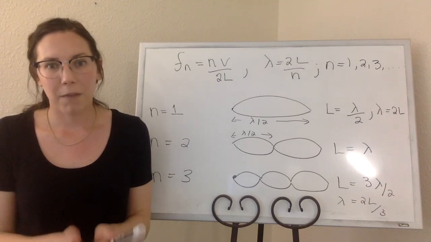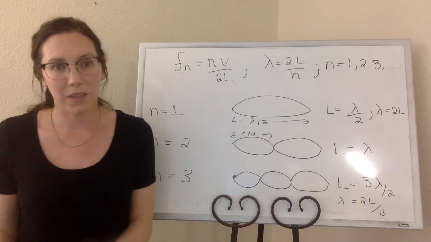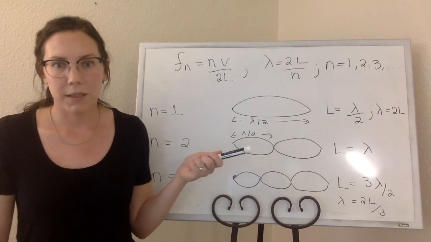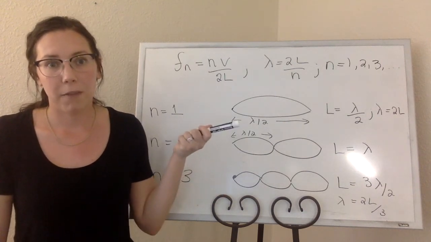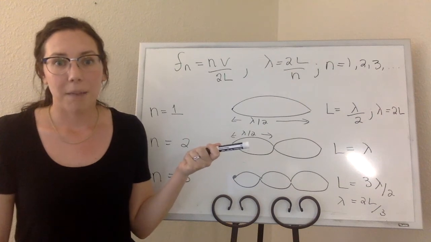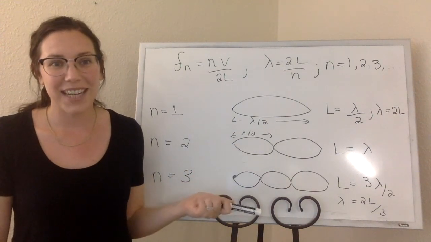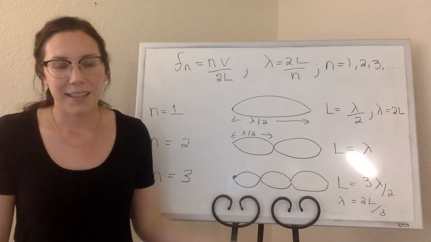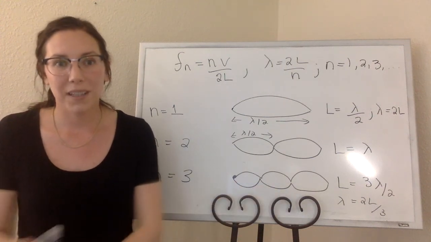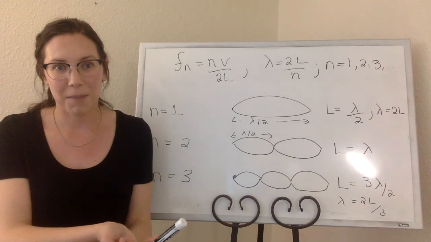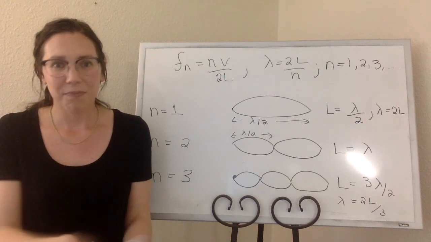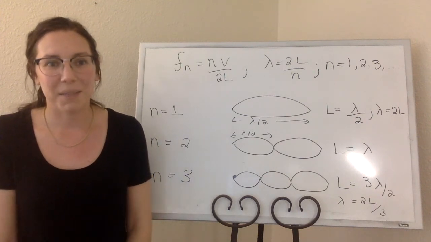So anything above the fundamental frequency is an overtone. So n equals 2, since it's the first standing wave pattern above the fundamental, is called the first overtone. And then n equals 3 is the second overtone, and so on. So the overtone number is one less than the harmonic number. So it's just another way to describe these patterns.